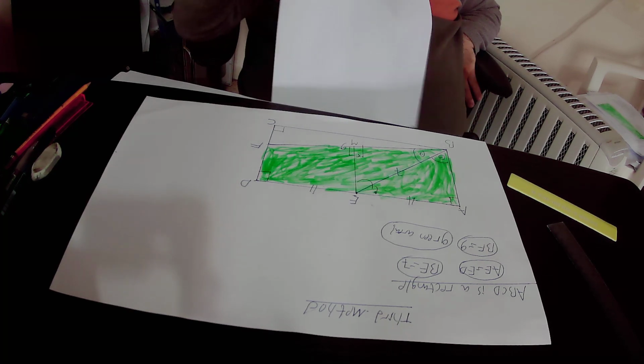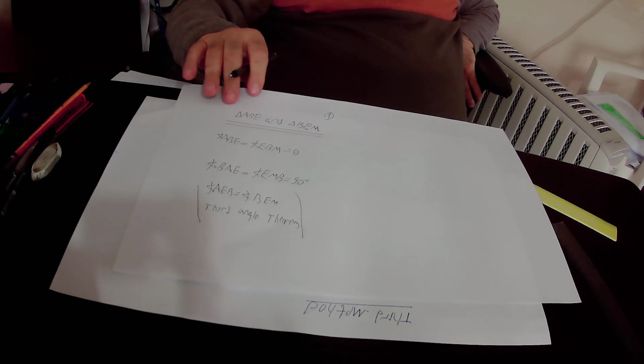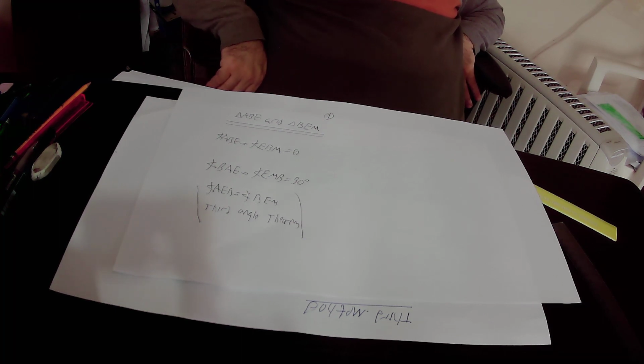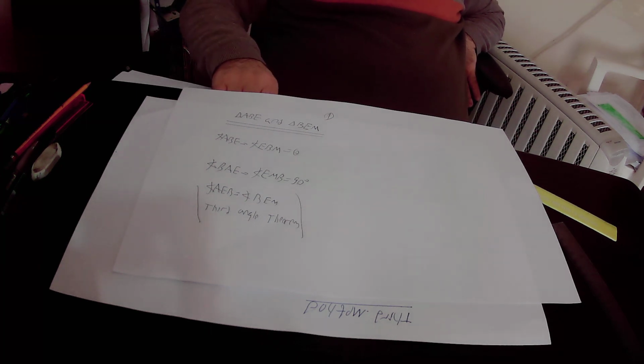I repeat again: angle AEB equals angle BEM according to the third angle theorem. What is the third angle theorem? It says that if two angles in one triangle are equal to two angles in another triangle, then the third pair of angles must also be congruent.